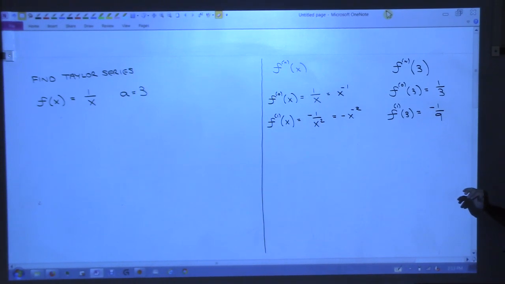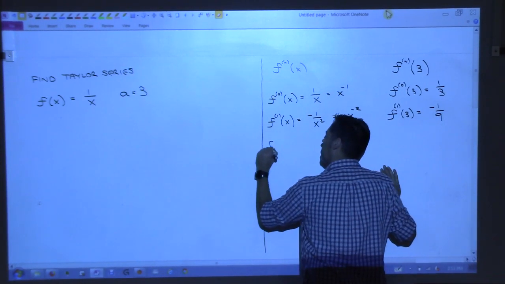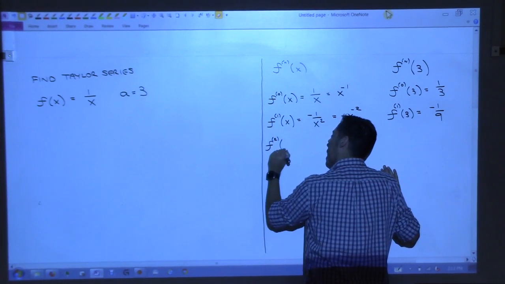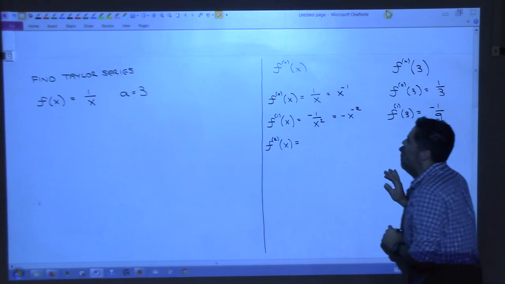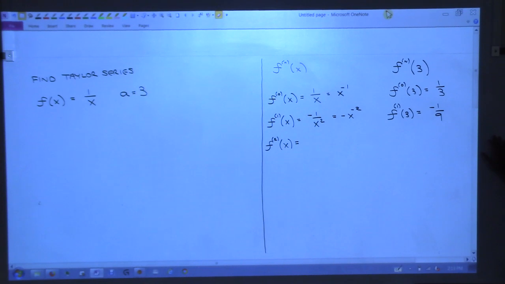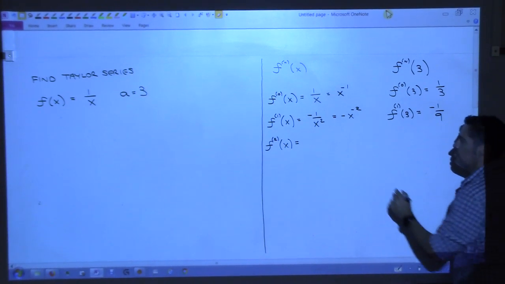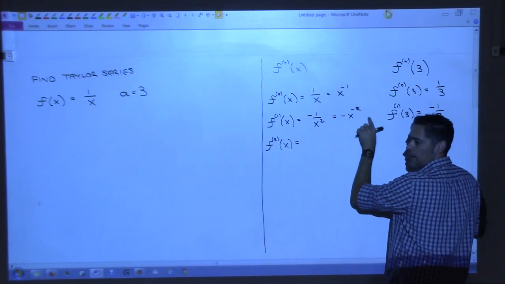Okay, keep it going. What is the second derivative at x? Positive 2 over x cubed. So this 2 comes out, right?